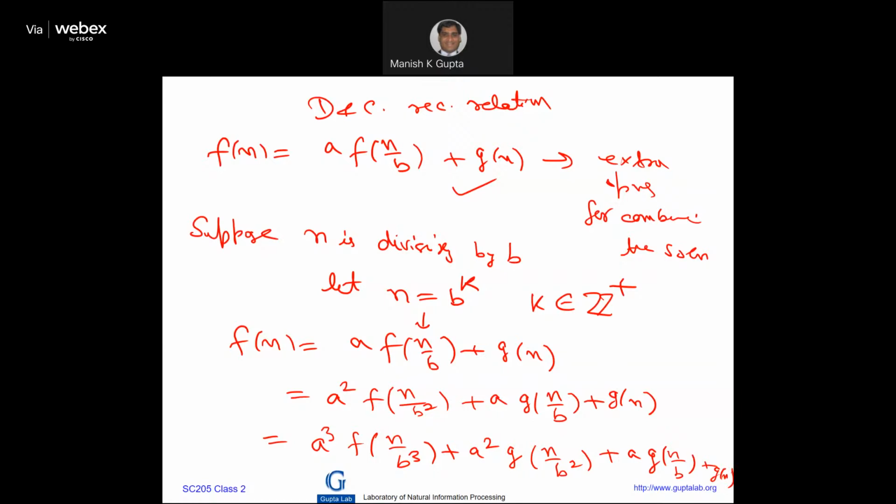I'm just iterating the recurrence relation, right? Again use the same recurrence relation, you get something like this, and keep on continuing this way. So what you are going to get, the most general thing, is something like this.